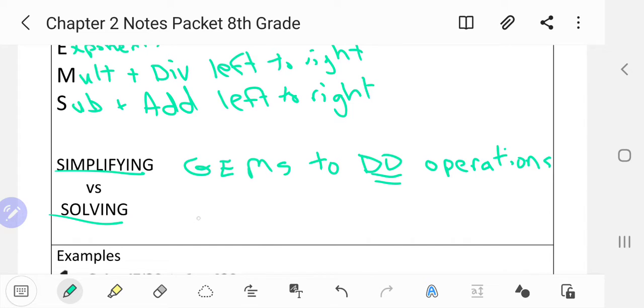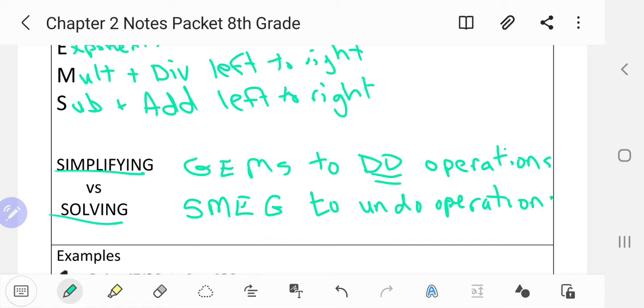And then solving is like using the reverse to undo operations, right? We're doing the inverse operations there, so we're kind of like undoing all the operations to isolate the variable.